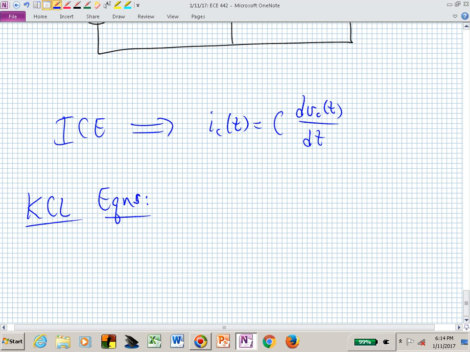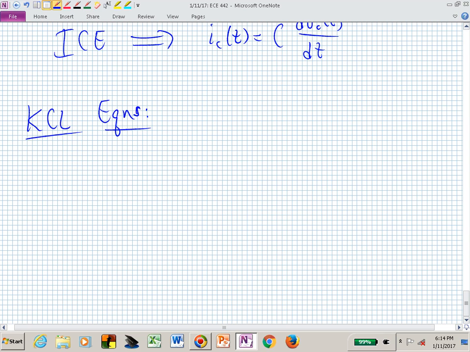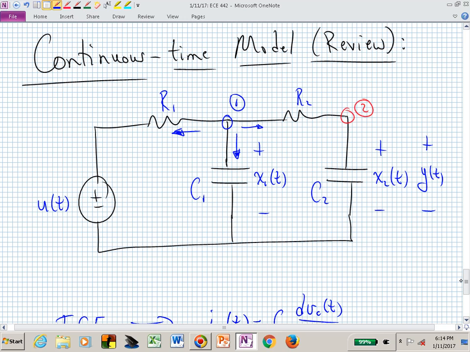Or if we now look at the KCL equations for node number 1, in terms of x1, x2, and u, what's the current going to the left out of node 1 in the horizontal direction?